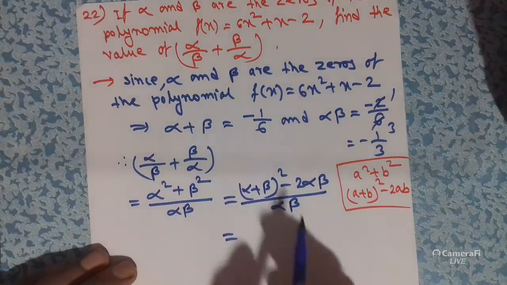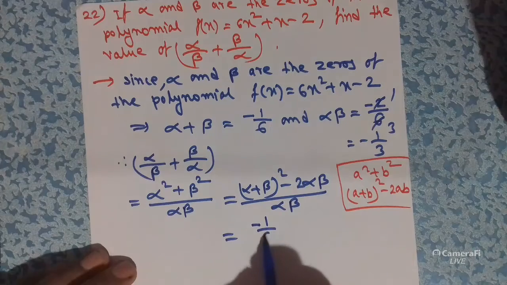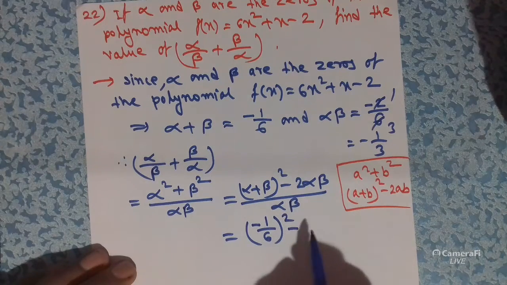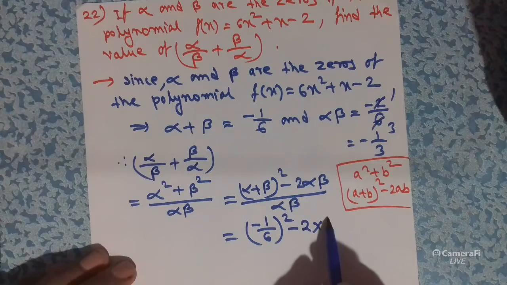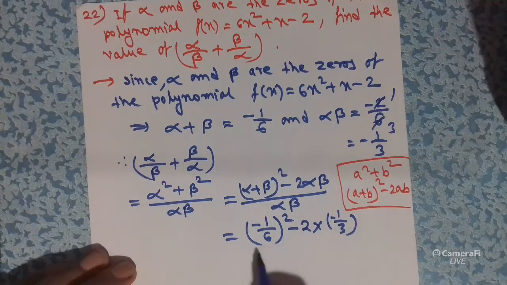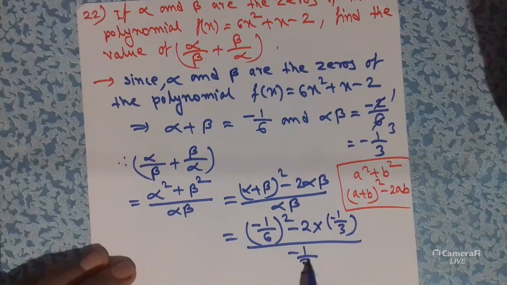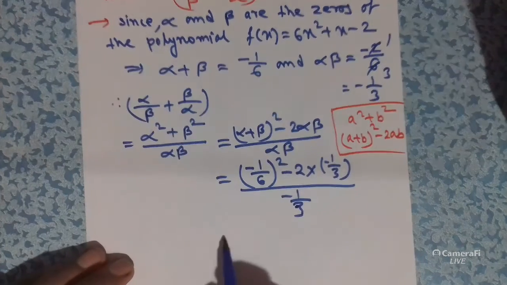Now put the value of alpha plus beta and alpha beta. The value of alpha plus beta is minus 1 by 6. So it is minus 1 by 6 whole square minus 2 into minus 1 by 3, because the value of alpha beta is minus 1 by 3, and in the denominator also we write minus 1 by 3.